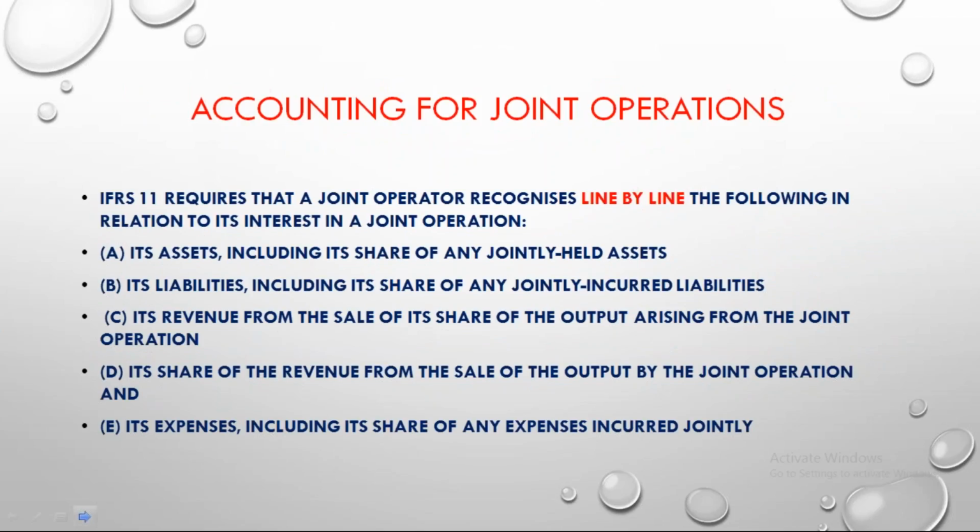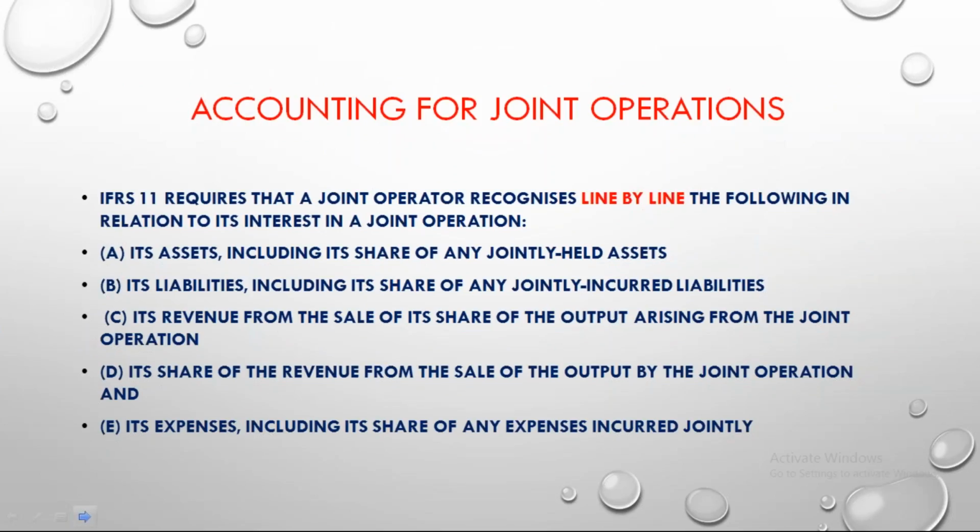So, accounting for joint operations. IFRS 11 requires that the joint operator recognizes its interest in a joint operation line by line. Remember, I said a joint arrangement can be a joint operation or a joint venture. In a joint operation, it's like a partnership, so we go line by line.